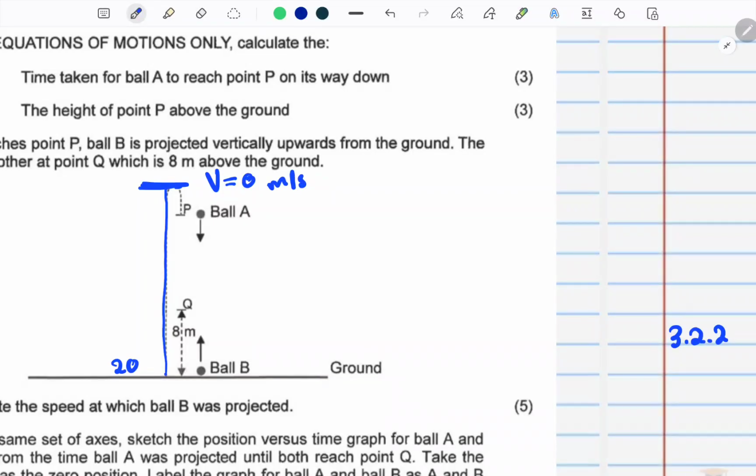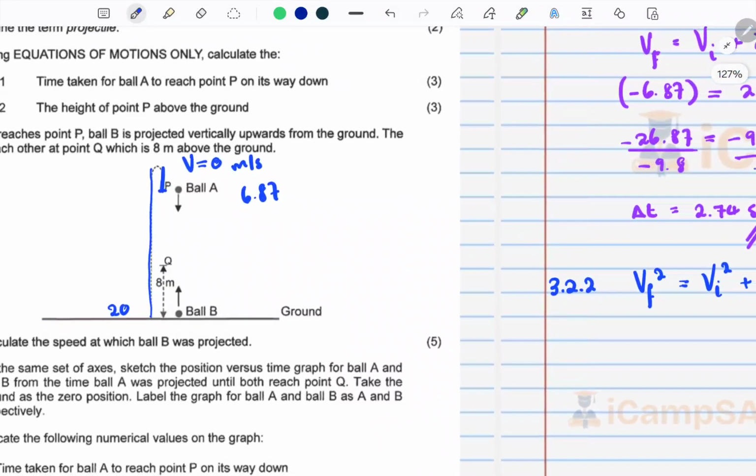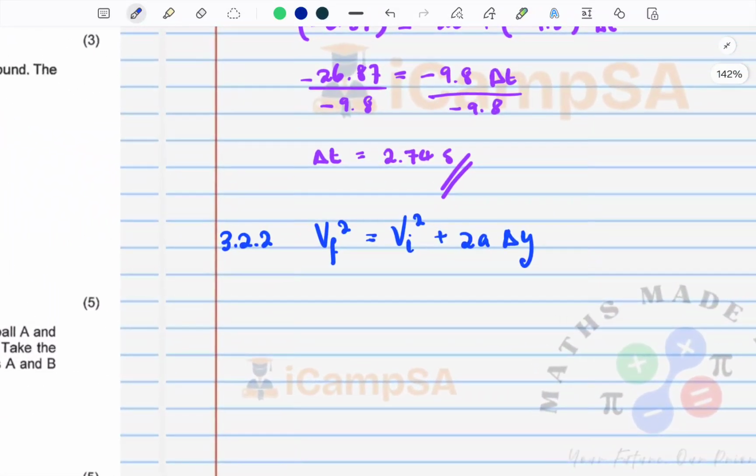So I can calculate that point first, and then I come back and calculate the distance from the peak to P, because my velocity there is going to be 6.87, and then I can subtract these two heights. Let me just show you how it goes. So right now I'm going to calculate to the maximum.